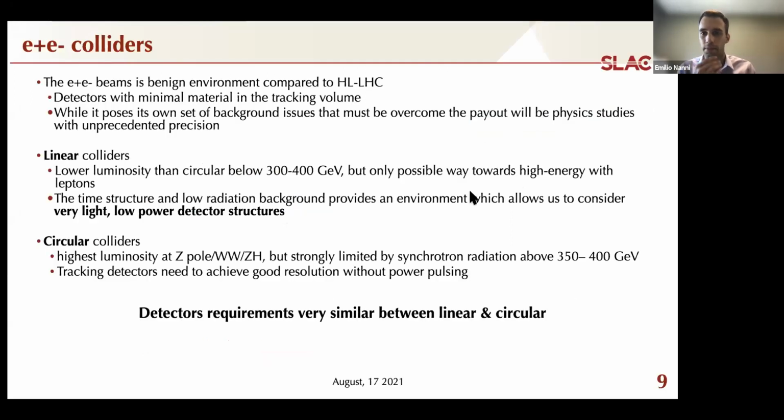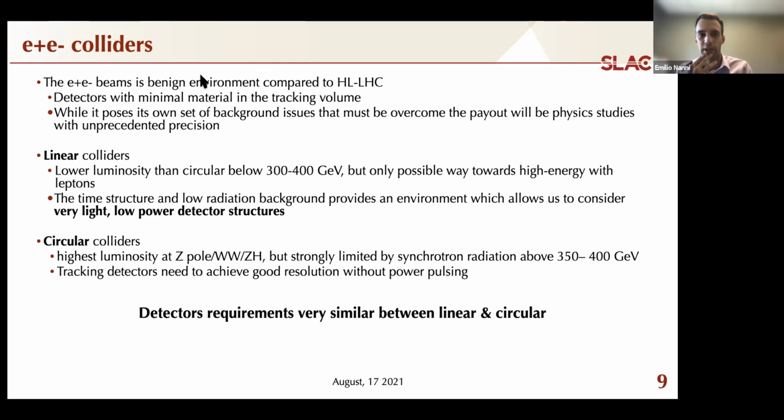So just a couple of comments first about the comparison between linear and circular colliders. First, e+ e- beams are a relatively benign environment compared to what we would have from High Lumi LHC in the detectors.